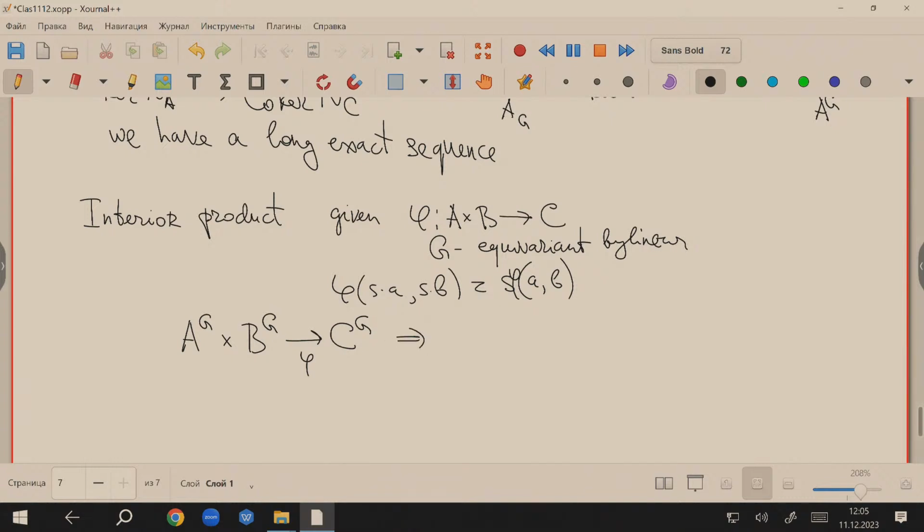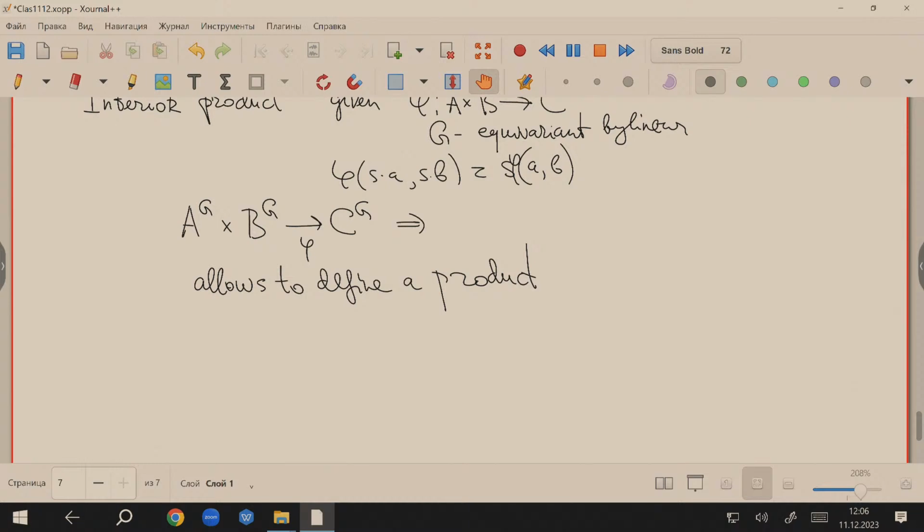Then this allows you to define a product as a composition, again by means of the formula given above, just on Tate cohomology.